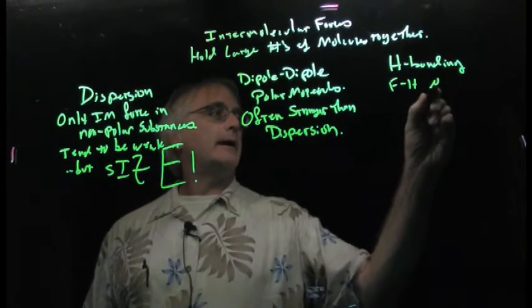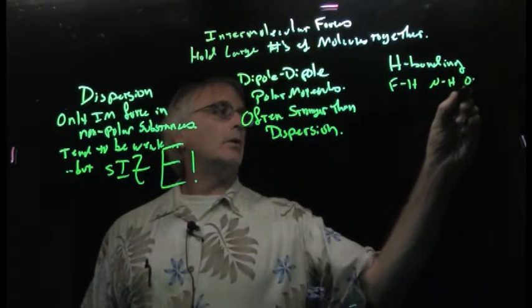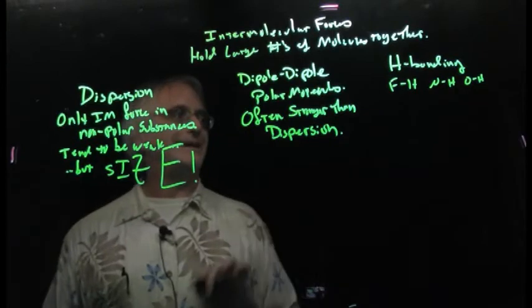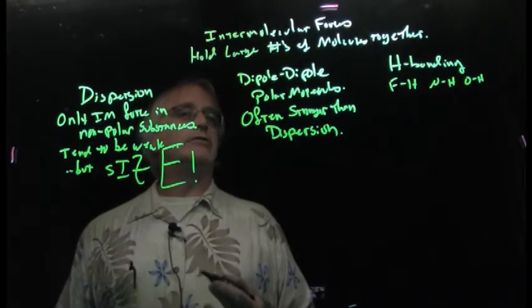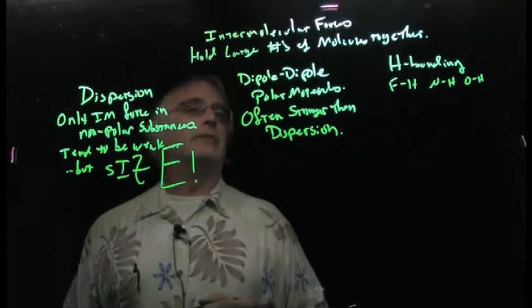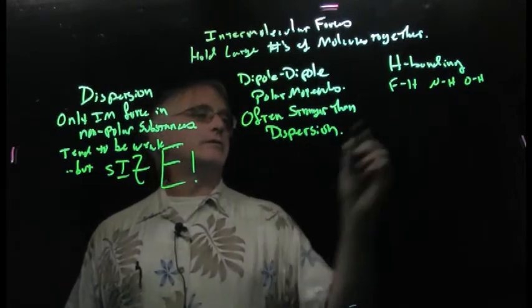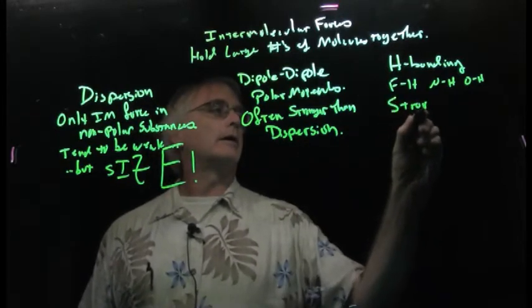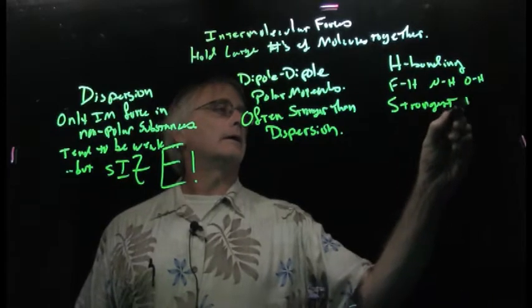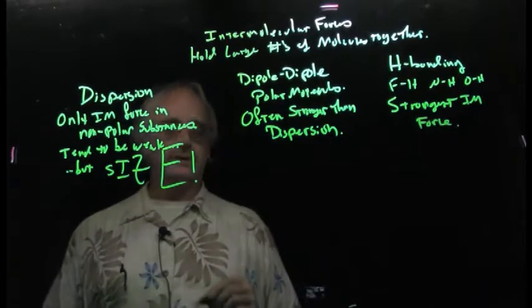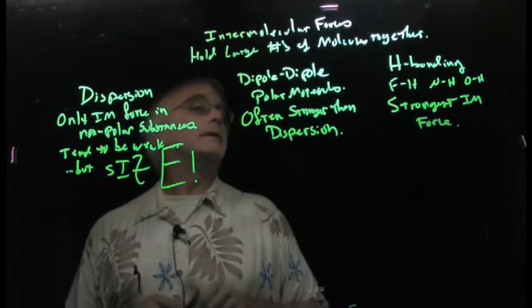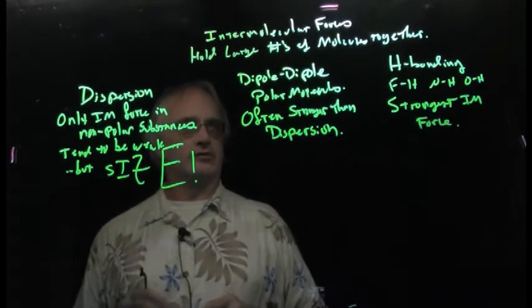HF, NH, OH. Molecules that contain those bonds are going to be hydrogen bonded. That is the strongest intermolecular force, and those are really important to be able to spot. They're fairly easy to spot, and we'll see that in just a moment.